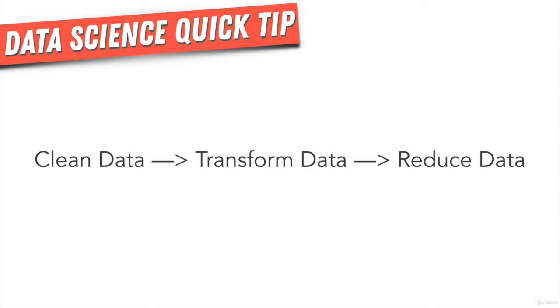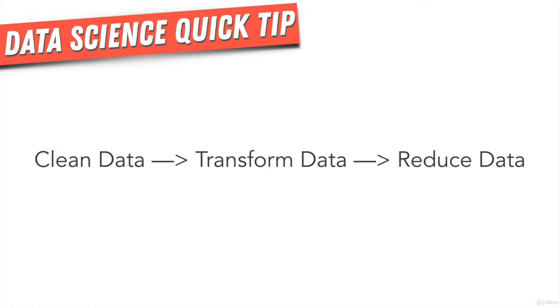So once we've cleaned the data, once we've transformed the data, next is to reduce our data. Why reduce our data? Don't we want as much data as possible? Well, theoretically, yes. But remember, everything costs money. The more data we have, the more CPU, the more energy it takes for us to run our computation.